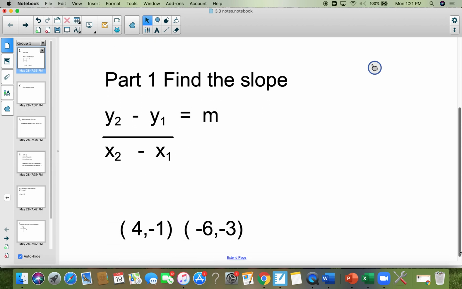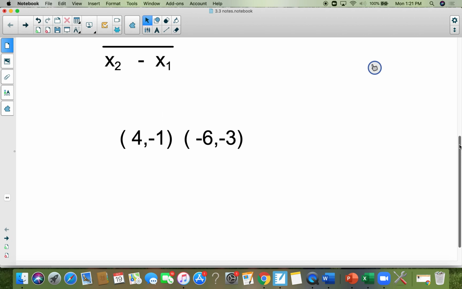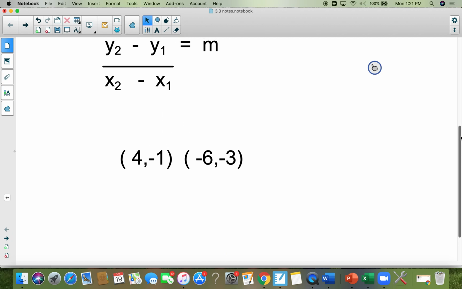Okay, so to find the slope of a line, this is the formula. It's y2 minus y1 divided by x2 minus x1. So let's just do an example. And this is x1, y1, x2, y2.